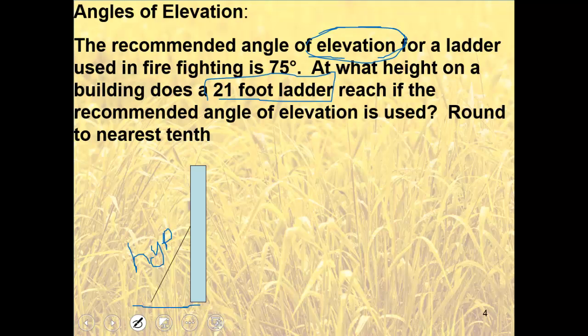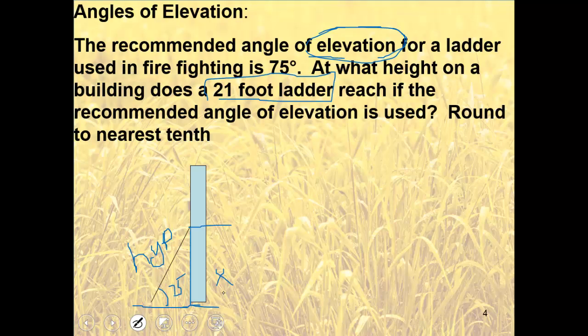If the recommended angle of elevation is used, so that's 75, and we want to know how far this is. What's this distance from here to here? That's x. We want to know what x is.